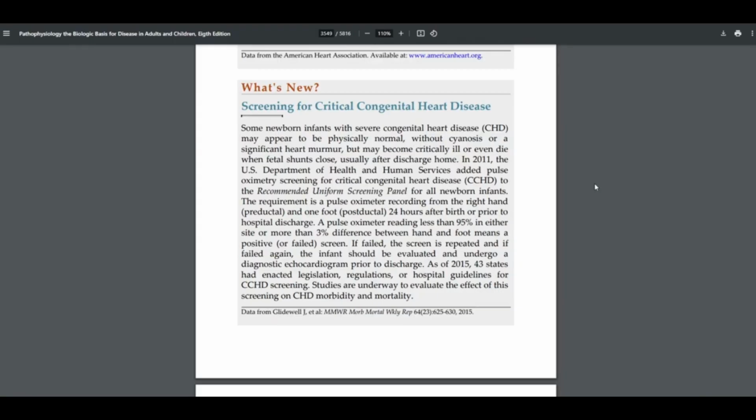If failed, the screen is repeated, and if failed again, the infant should be evaluated and undergo a diagnostic echocardiogram prior to discharge. And that is approved for 43 states that have enacted legislation, regulation, and hospital guidelines. Studies are underway to evaluate the effect of the screening on CHD morbidity and mortality.